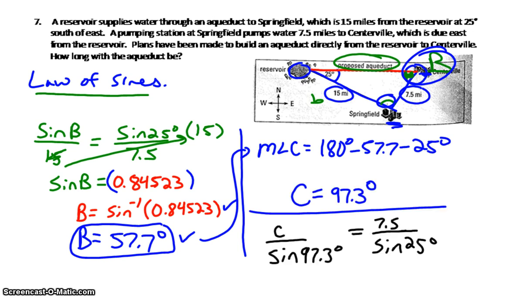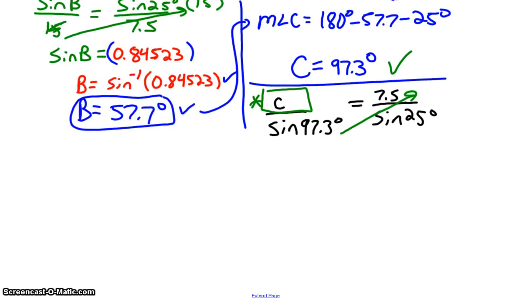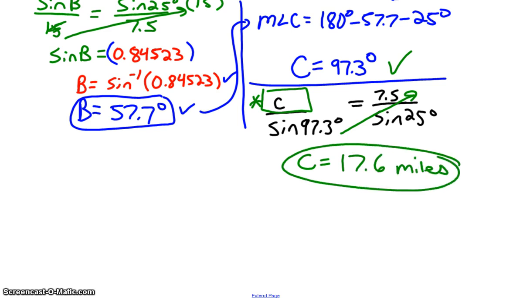So that gave me 97.3 degrees, which I then set up in law of sines. Notice my unknown goes in the top left, and then I can cross multiply. When I cross multiply, I end up with C equals 17.6, and in this case, it will be miles.